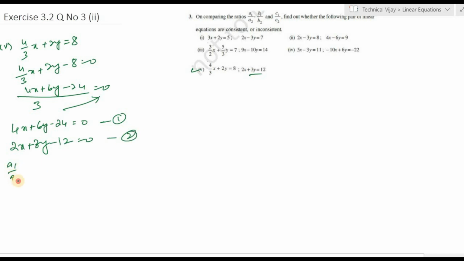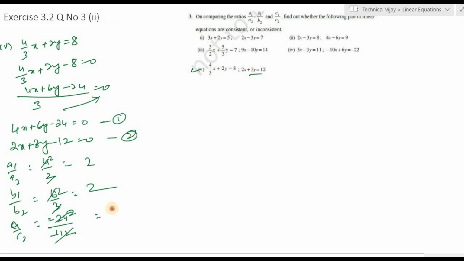So here a1 by a2 is 4 divided by 2, so this is equal to 2. b1 by b2 is equal to 6 divided by 3, which is equal to 2. c1 by c2 is equal to minus 24 divided by minus 12, which is also equal to 2. So here a1 by a2 is equal to b1 by b2 is equal to c1 by c2.